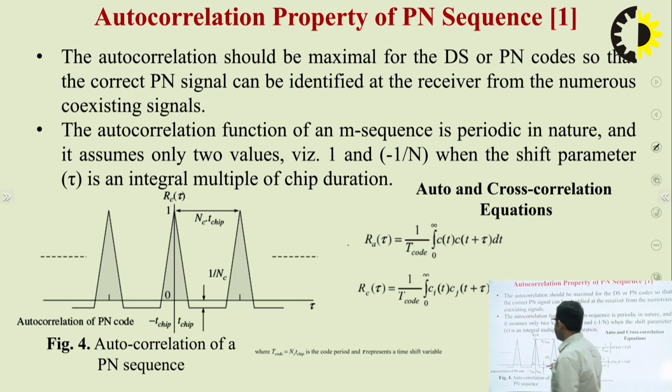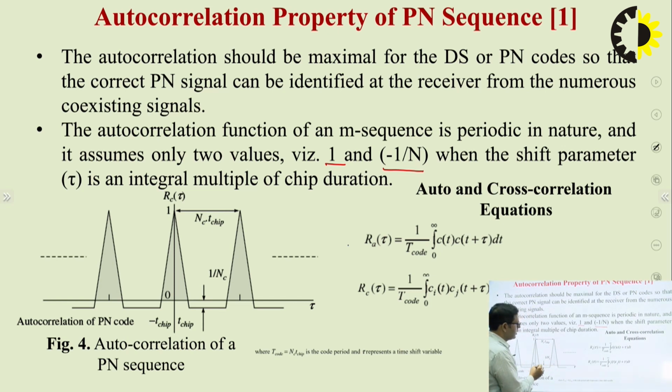Here I have shown the autocorrelation of a pseudo noise sequence. As I told you, the autocorrelation function of a PN sequence is similar to white noise, and it has only two values, and these two values are 1 and minus 1 by n, as shown in this figure.